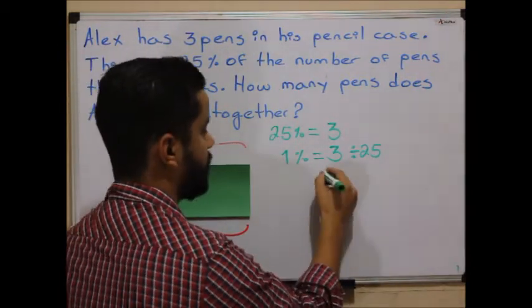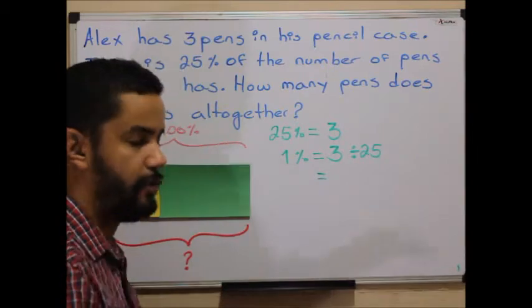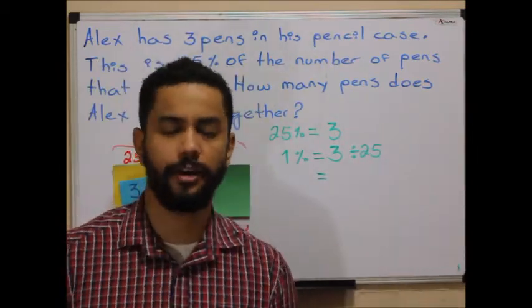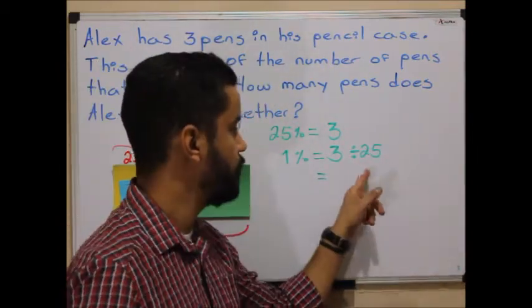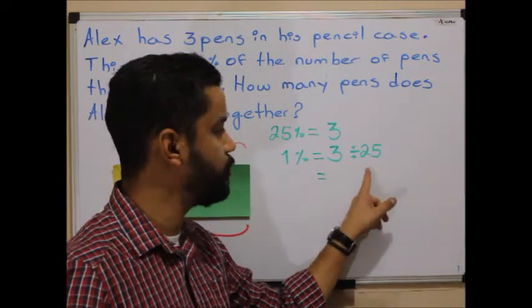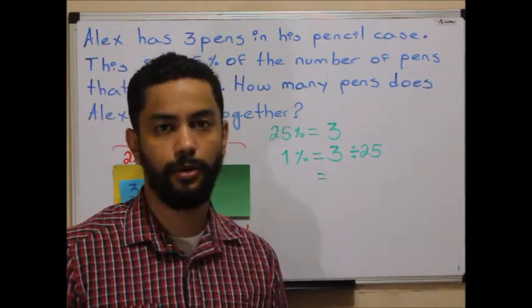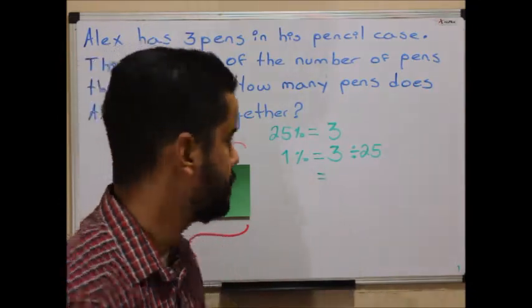You can use your calculator to divide 3 divided by 25. Write it in this way on your calculator, and you will get 0.12.